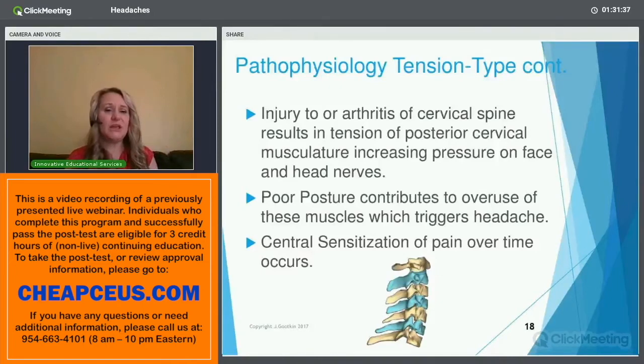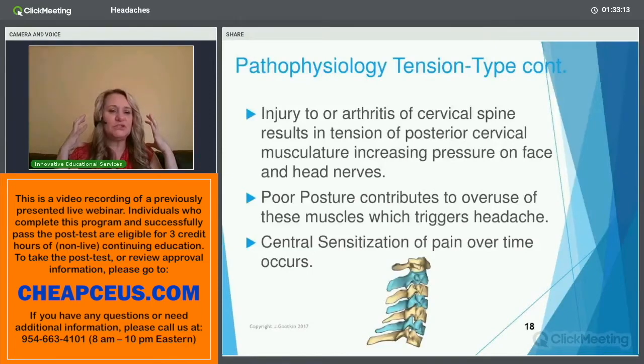What happens with tension headaches, they're finding that over time, because the individual is holding so much tension in the fascia and the muscles in their region, it induces what we call central sensitization. And those of you who manage chronic pain patients, this may be familiar terminology. Central sensitization is the idea that there is prolonged nociceptive pain input coming in to the brain from the peripheral region.